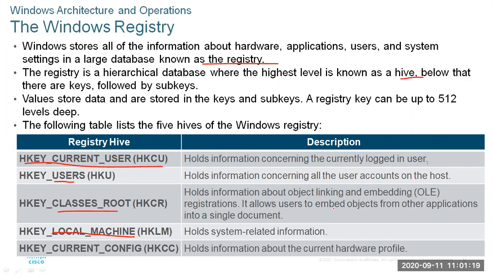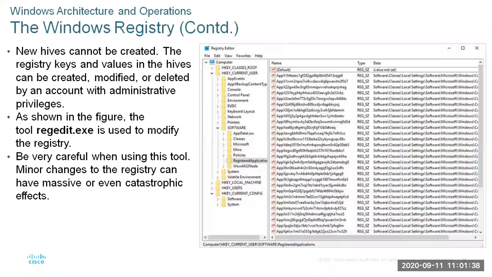It allows users to embed objects from other applications into a single document. And then we have the local machine, which holds system related information. And then the current config holds information about the current hardware profile.